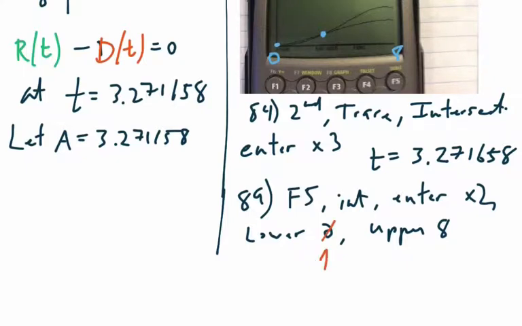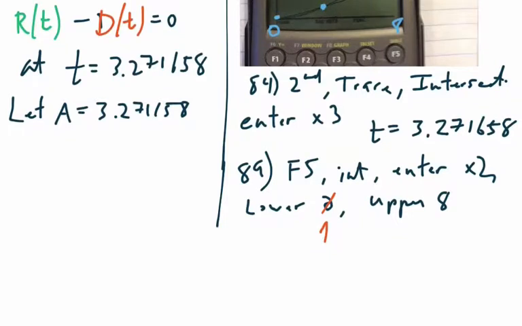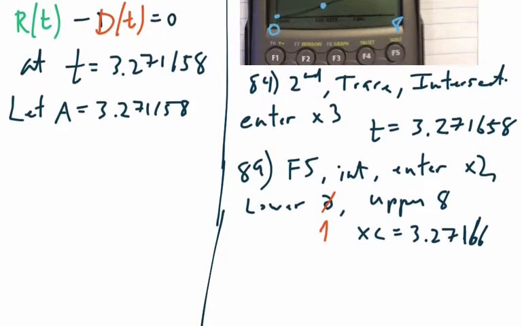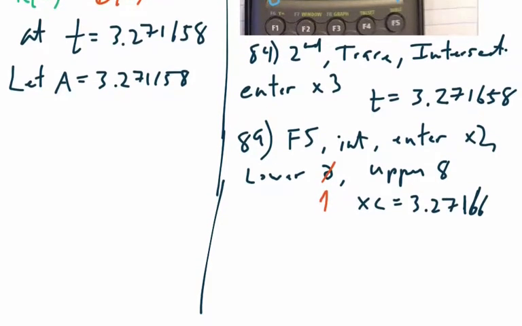Cool. So that should give me, on my window, it should say XC equals 3.27166, like that. All right. And then our calculator is actually mildly intelligent, just like you. So what we can actually do is we can actually store this value on our calculator. So if you second quit and go back to the home screen before you do anything, on the 84, if you hit X and just hit enter, it should be that original value.